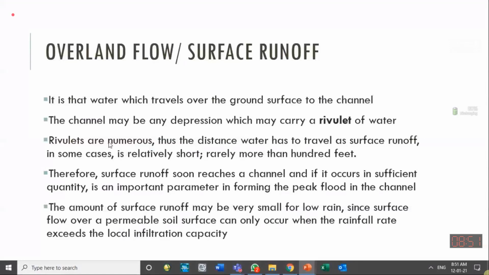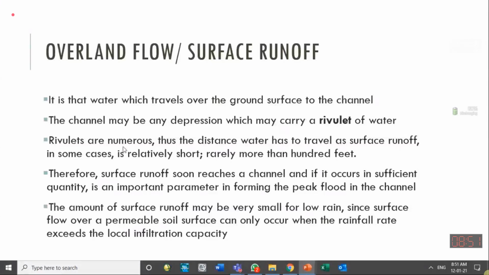So when surface runoff sees an elongated depression, it becomes a rivulet. Most of the time surface runoff occurs over a very short length, some few hundred feet. And then it ultimately becomes small rivulets, and then streams, and then big channels, and then rivers.